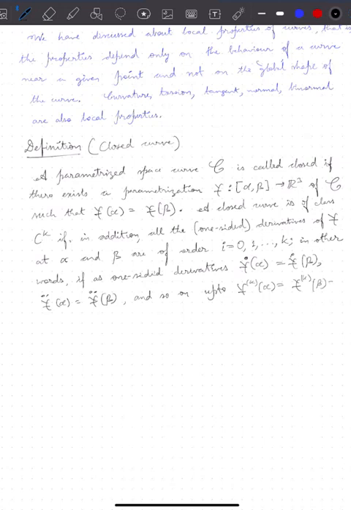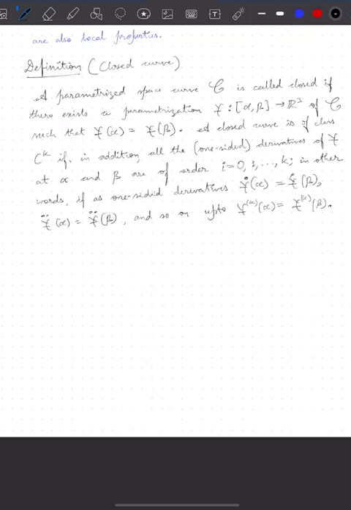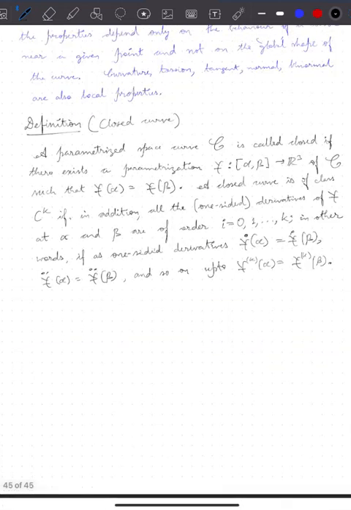These just ensure the continuity of all the derivatives at these endpoints.